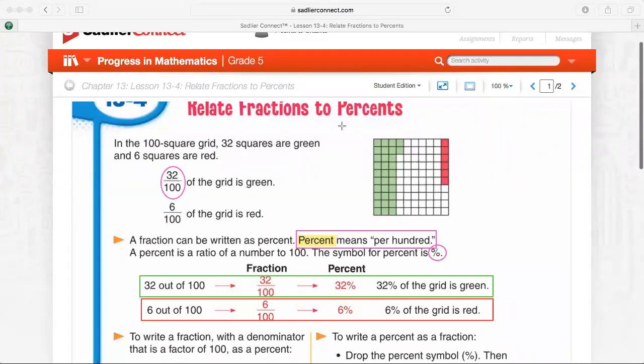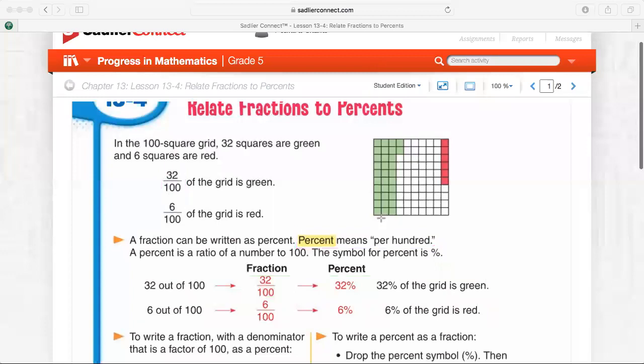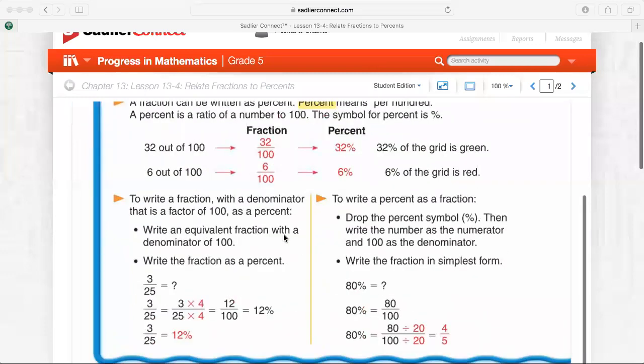Okay, girls? To write a fraction with a denominator that is a factor of 100 as a percent.